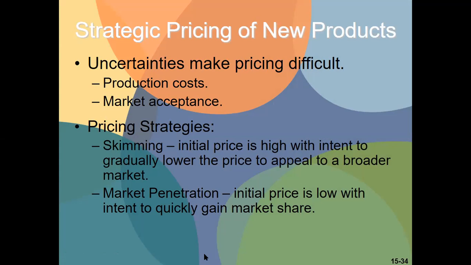Good thing if, for example, the company is established already, so that wouldn't be much of a concern. Then pricing strategies could be divided into 2, although there can be more. Skimming, from the word skim, is to set a high price, and then later on, the price could be lowered in order to appeal to a broader market. So what is the point of this? Initially, it seemed that with the high price, you wouldn't be getting the market.